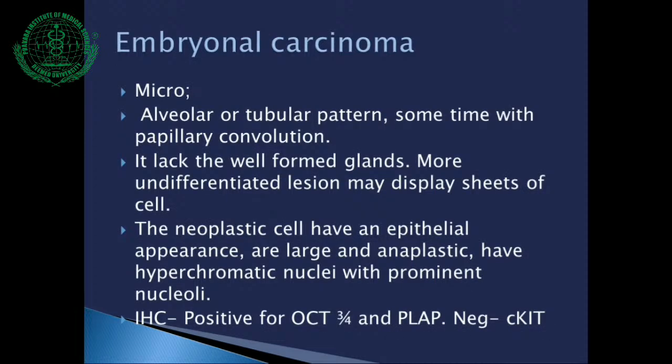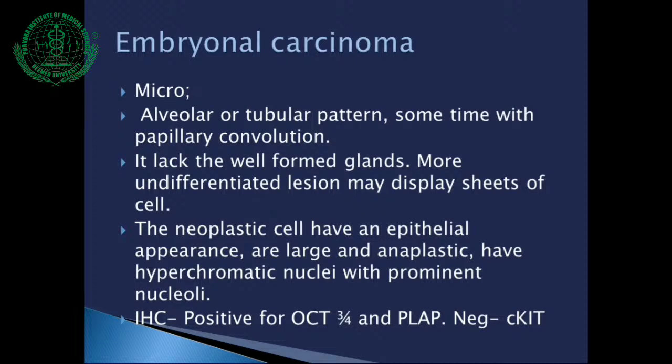In the microscopy of embryonal carcinoma, there will be various types of patterns, that is alveolar or tubular patterns may be seen. There may be papillary convolutions. Cells may be arranged in sheets, and the neoplastic cells have an epithelial anaplastic appearance.